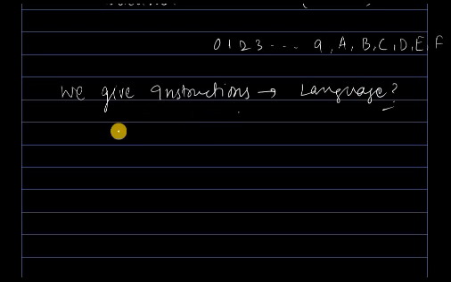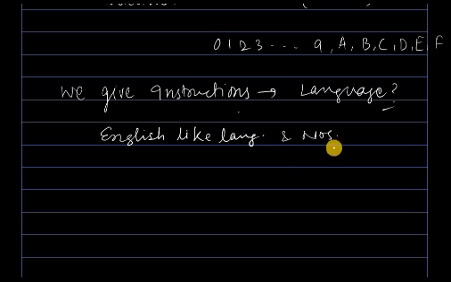Generally these instructions are written in English, or in a better sense we can say English-like language. It's not exactly English because it does not follow the grammatical rules of English. And we provide numbers if we are doing some calculations. So generally the data we provide to the computer is alphanumeric.